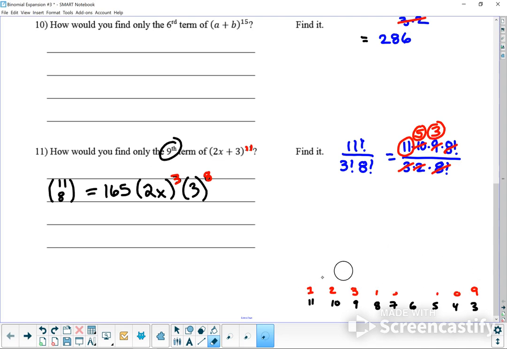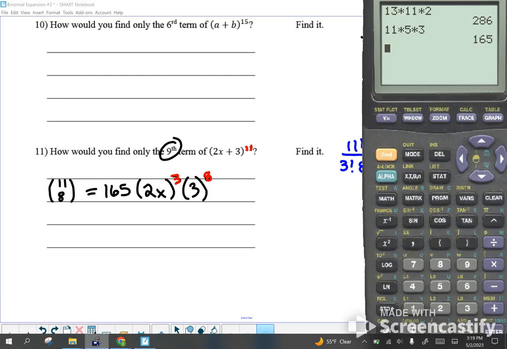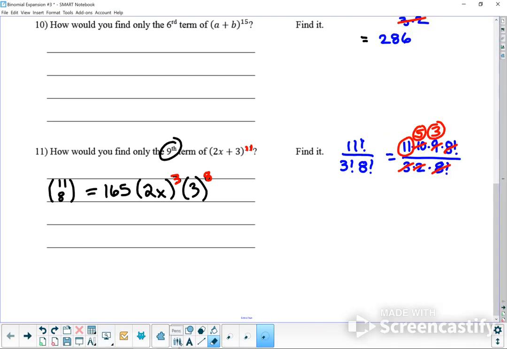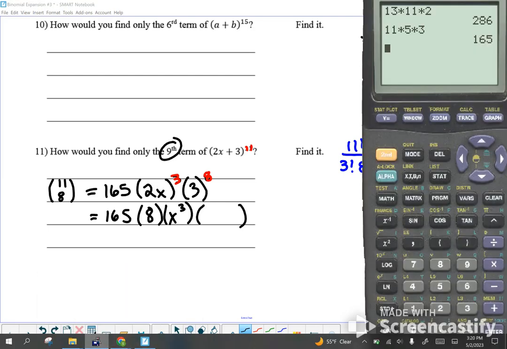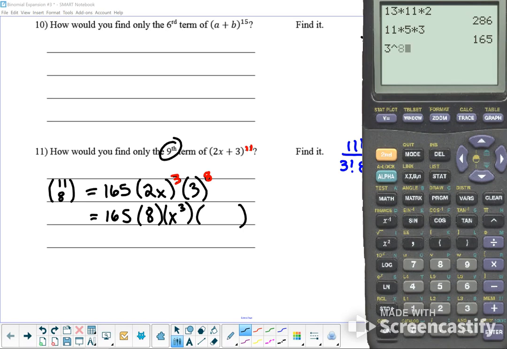Now, this is pretty much done. I just have to work out some of the numbers. So I need to figure out what 165 times 2 to the third is, and that one I can do. That's 8, and then it'd be x to the third. Okay, 3 to the 8th, that one I don't know, so I'm going to have to use my calculator to do 3 to the 8th power. That's going to be 6,561.